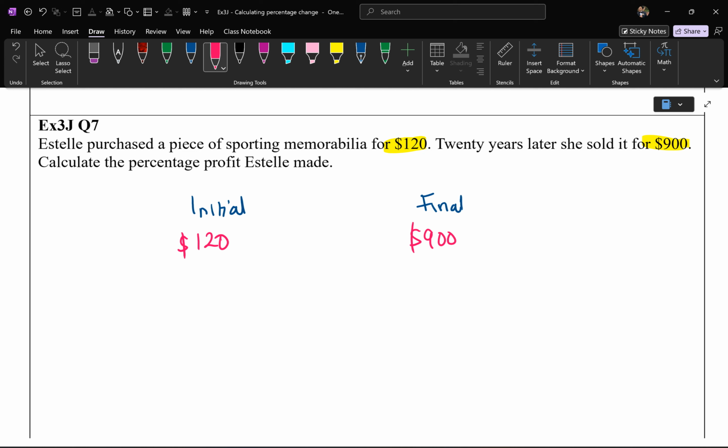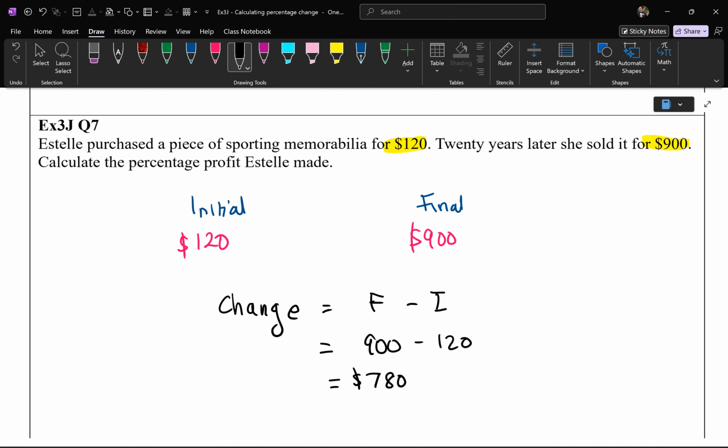What is the change? When we're calculating change, we take final minus initial, which is, ooh, close. It's 900 take away 120. Now if you think about it, 900 take 100 is already 800. Take another 20, 780. Very good. Notice it's a positive number.